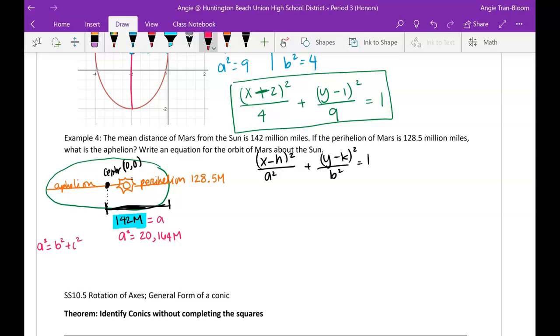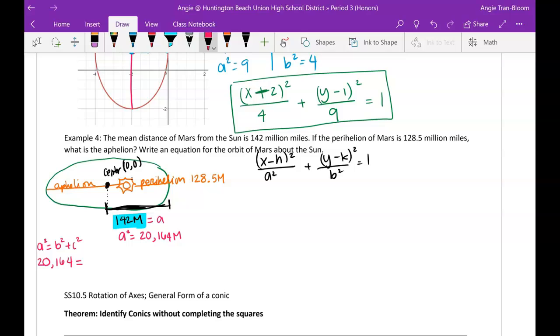I know a squared is 20,164 million. I'm going to leave the million alone for right now, because later I'll put it back. I need to know what b squared is.